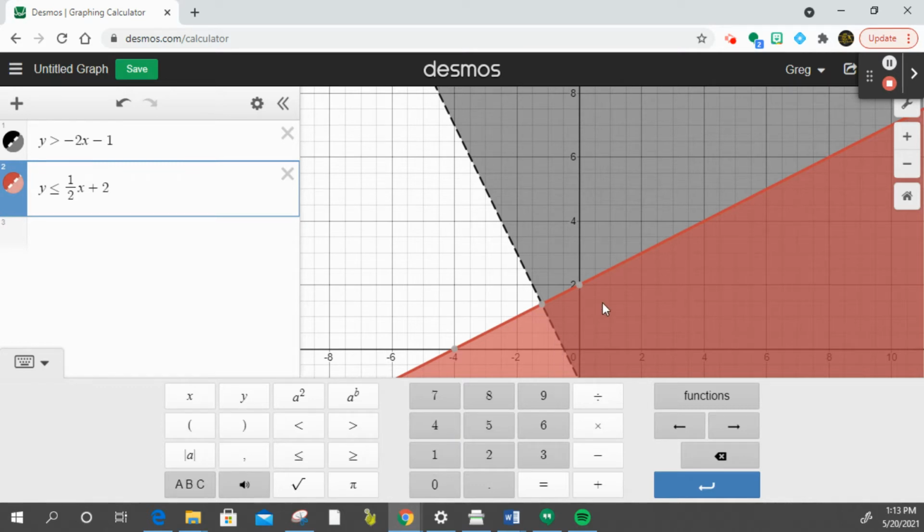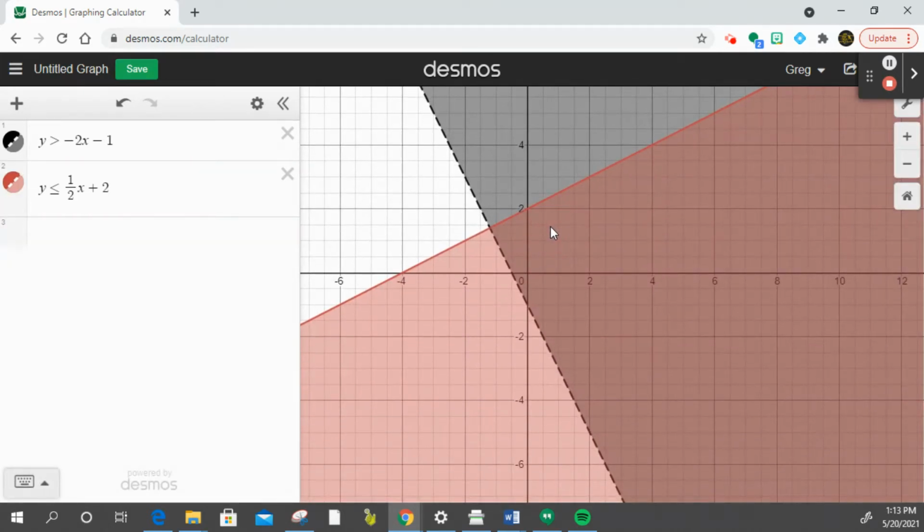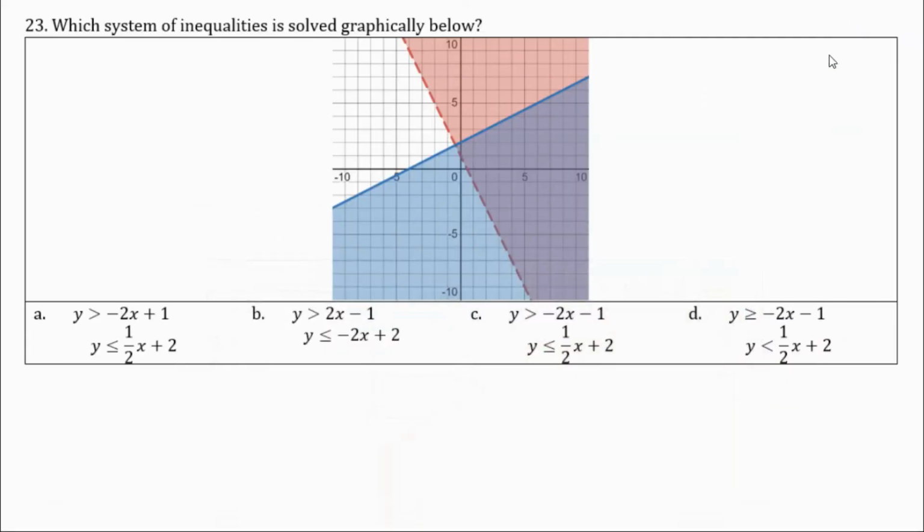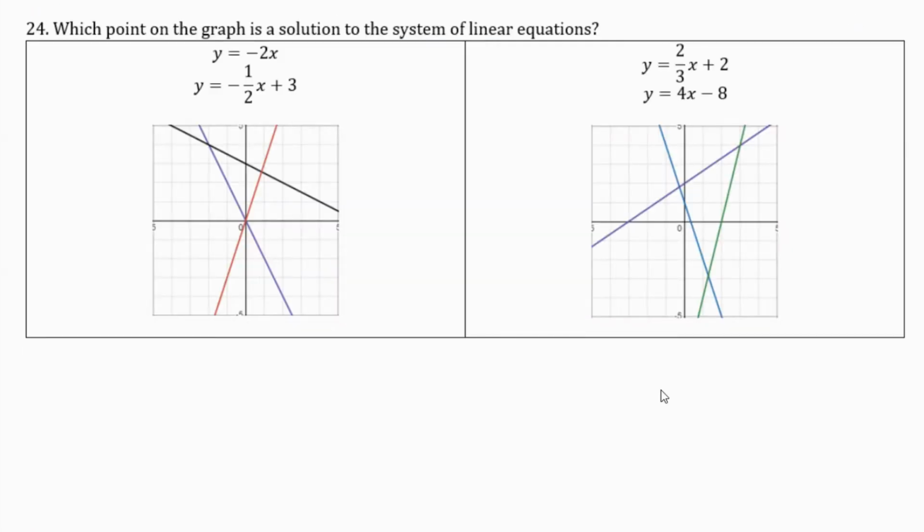Just looking at our visual, we could tell that this isn't our solution. First of all, this goes through negative 1, and if you look at our visual, it goes through 1. Just make sure the visual on Desmos matches the visual on your paper, and boom, you have your answer. Circle it.